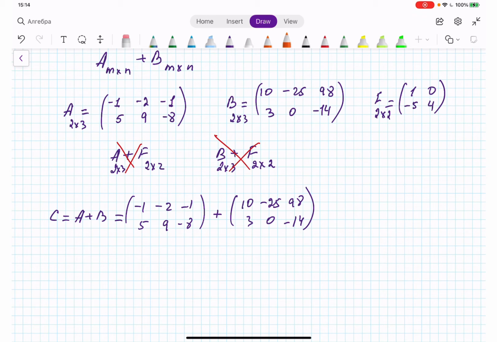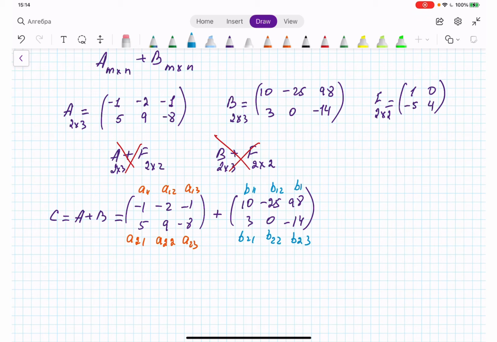Here I have A11, A12, A13. Here I have A21, A22, A23. The same way I am marking down here B11, B12, B13, and B21, B22, and B23.